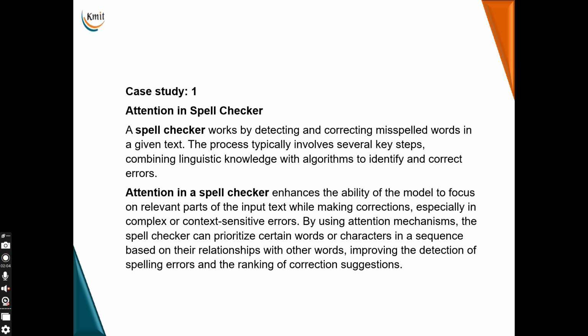With attention mechanisms, the spell checker will be able to prioritize some words or characters based on their relationship with other words in the input text, which will help it to improve the process of detecting spelling errors, and also it can show us more appropriate suggestions.